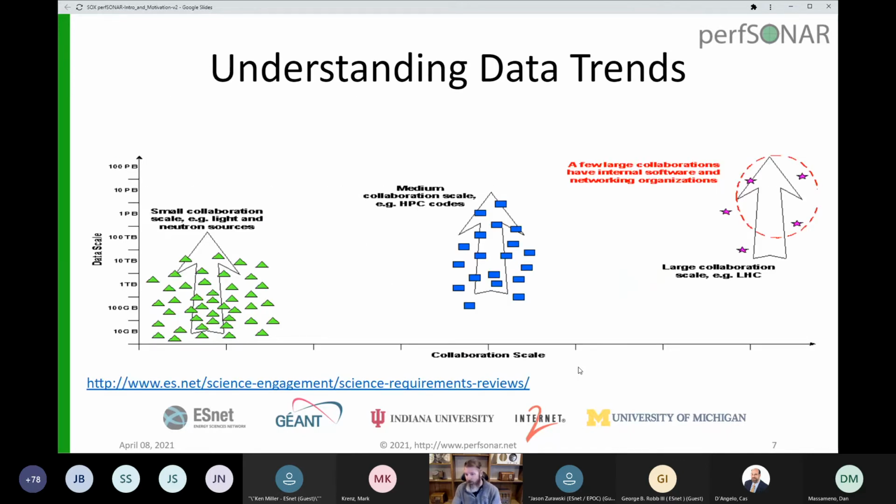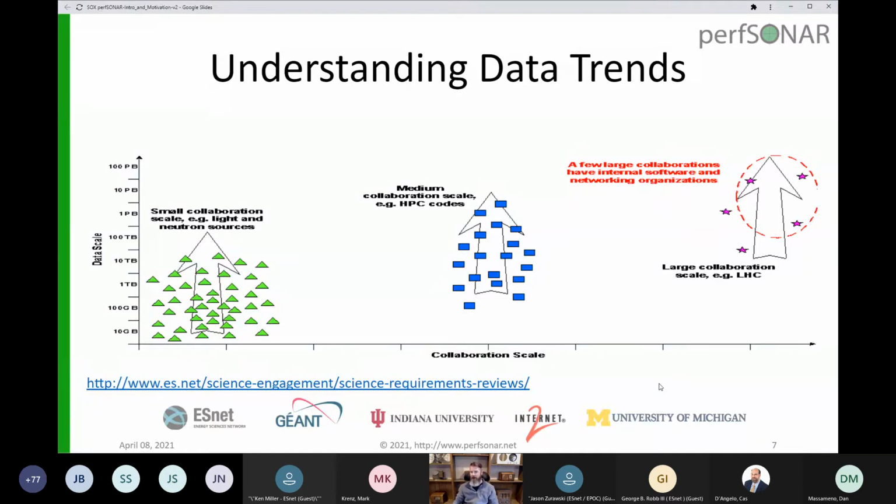So our goal is to support scientific use and to understand how the users are using networks and what they're interested in using them in. This slide here is really meant to show that as the collaboration scale increases, as we're talking about larger and more complex projects, we have fewer players, but much more intensive data requirements.